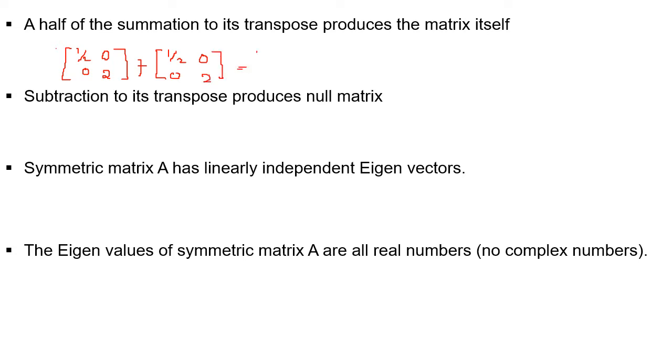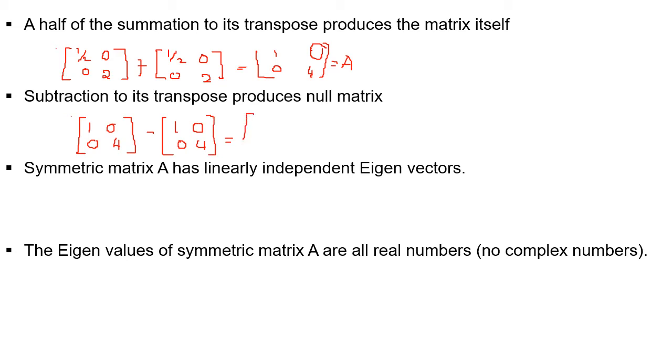So when I add it, I get this as 1, 0, 0, 4. That is A. Next is subtraction of its transpose produces a null matrix. So we have the A matrix, 1, 0, 0, 4, minus the transpose of A matrix, that is once again 1, 0, 0, 4, which will give me 0, 0, 0, 0.